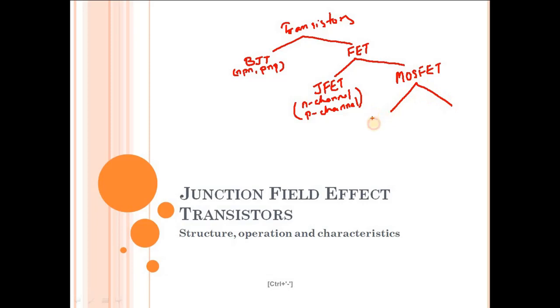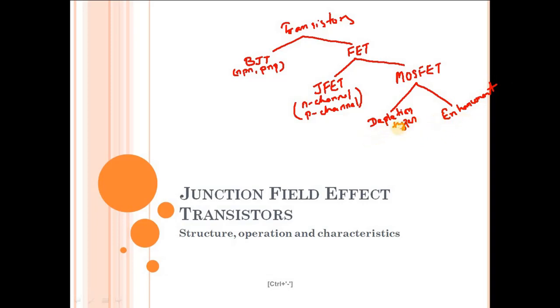One is depletion type MOSFETs, and the other is enhancement type MOSFETs. Now each of the depletion as well as enhancement type MOSFETs have two variants of each.